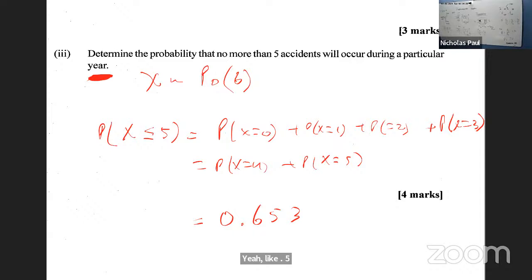You work out 0 and 1 and 2 and 3, I think. And we used formula 6 in it, right? Lambda is 6 now.